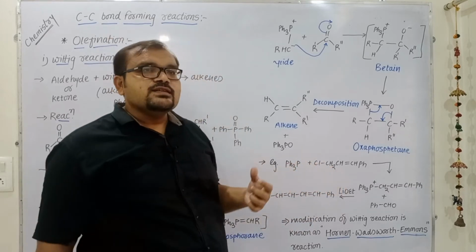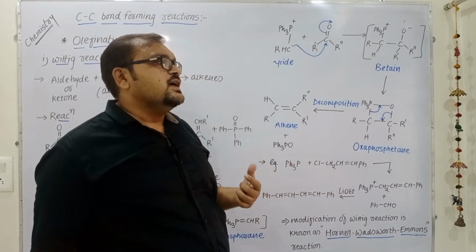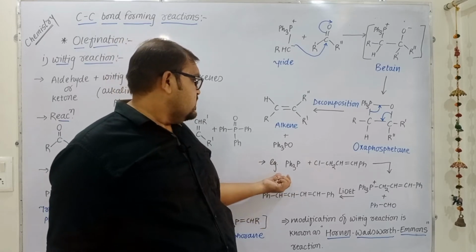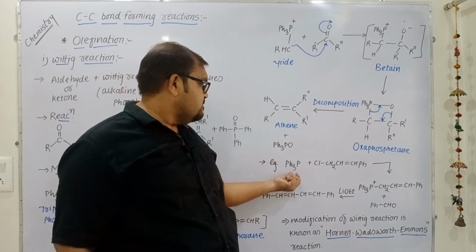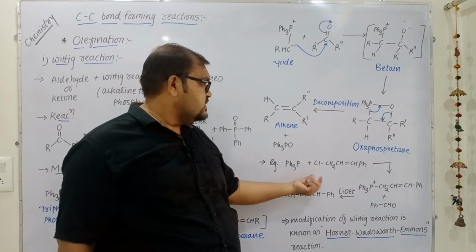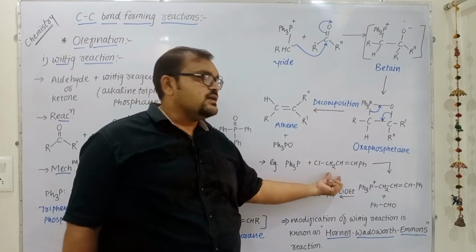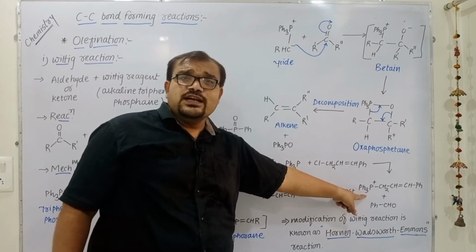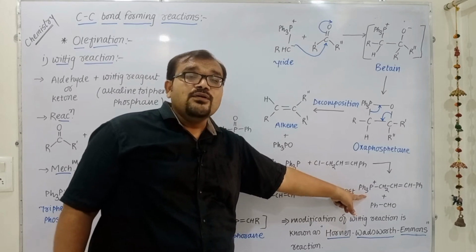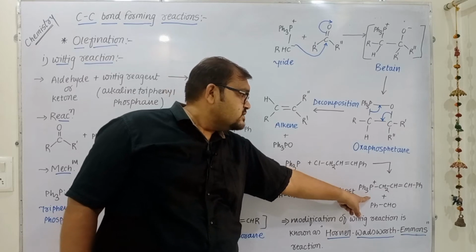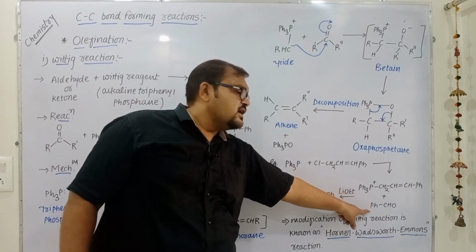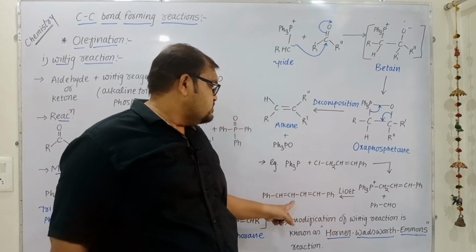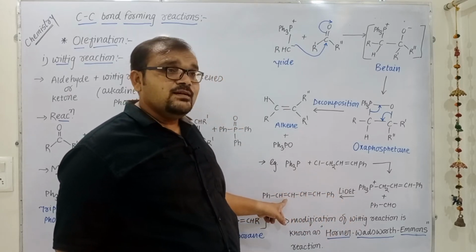Now as we have discussed earlier, any reaction can be easily explained with the help of example. So in example we can see that when triphenylphosphine reacts with any substituted alkyl halide to give ylide, or we can also say phosphorane or Wittig reagent, and this Wittig reagent will react with carbonyl compound, that is any aldehyde or ketone, to give alkene as a product.